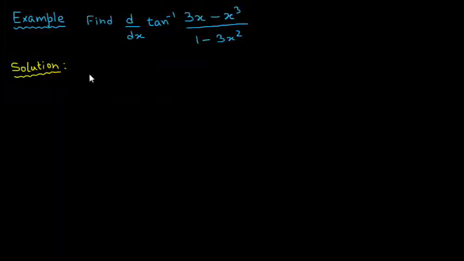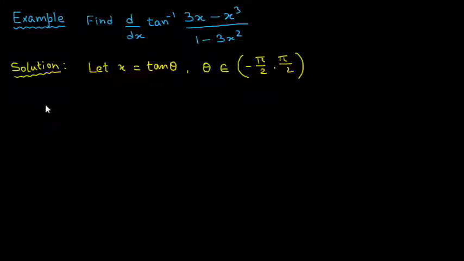So, next example is: find d by dx tan inverse (3x minus x³) upon (1 minus 3x²). So, let x is equal to tan theta, where theta is an element of (minus pi by 2, pi by 2).